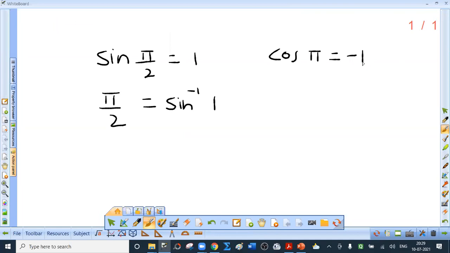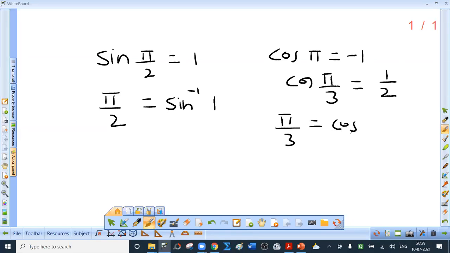If you have done trigonometry, you will be able to appreciate this. Cos 180 degree is minus 1. Forget this. You had done cos 60 degree in 10th standard. What is cos 60 degree? Half. So if I ask you, what is 60 degree? Will you say cos half? No. Cos inverse half. So this is about inverse function.